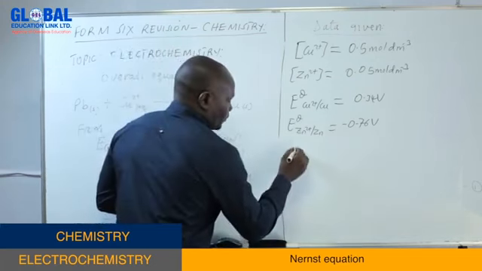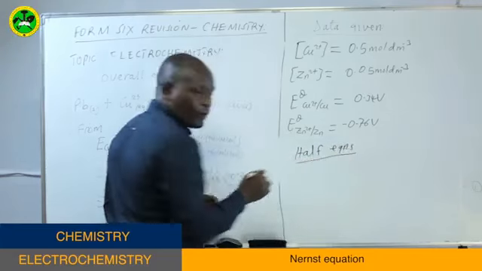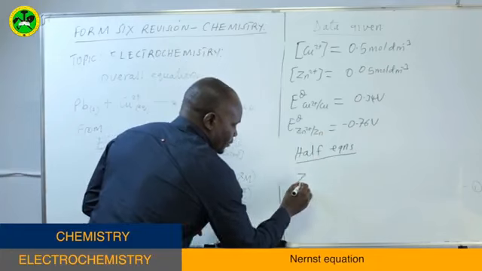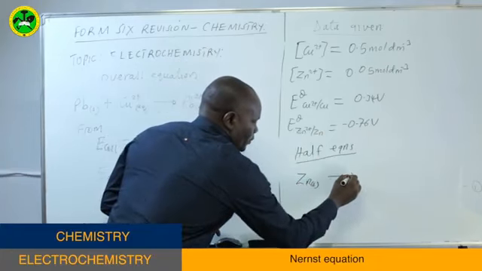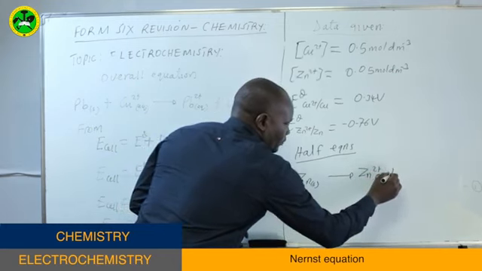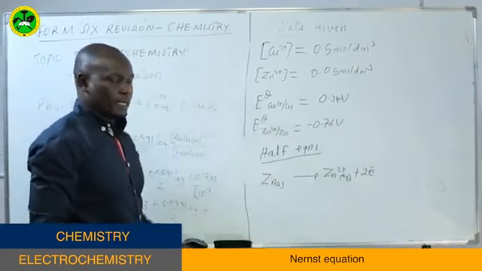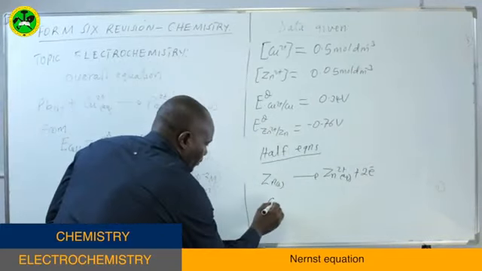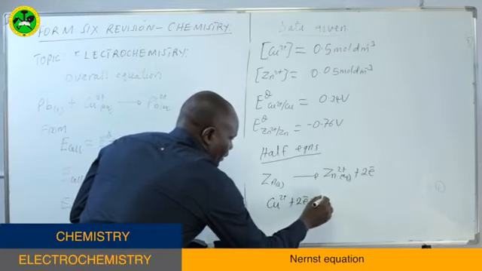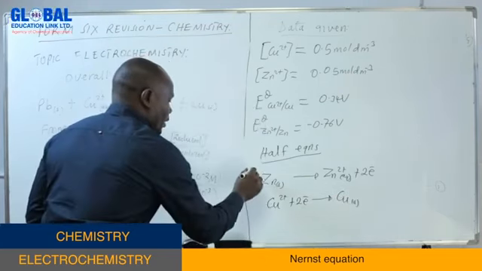So the half equations of our cell: since zinc undergoes oxidation, it will be zinc solid going to zinc 2 ions plus 2 electrons. And copper undergoes reduction, so you will have copper 2 ions plus 2 electrons, then you will have copper solid. So these are the two half equations.